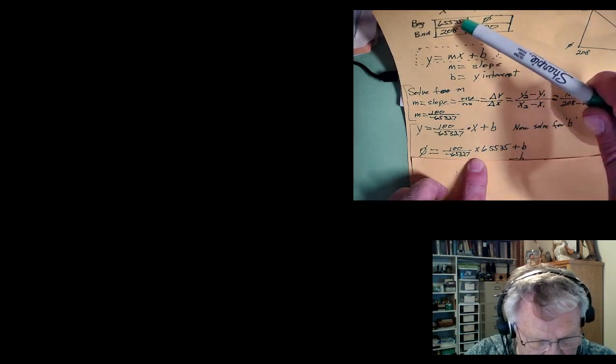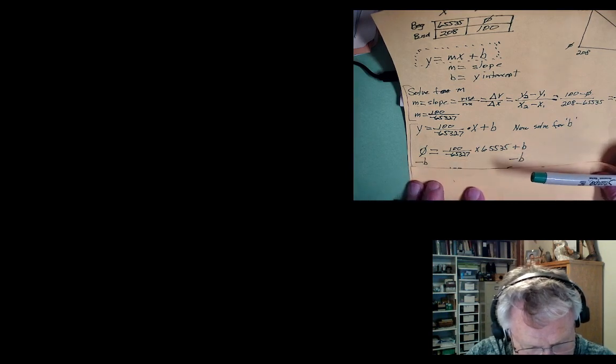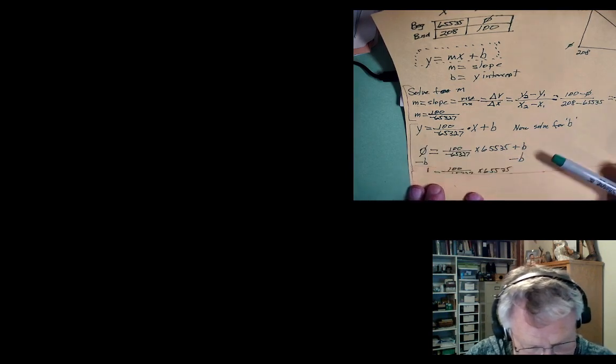If I insert the y as a 0, 0 equals the slope, 100 over minus 65327, times the x value, which is this one here, 65535, plus b. Now I want to get rid of the b, so I subtract b on both sides, and I get this formula here, minus b equals the slope times the x value.